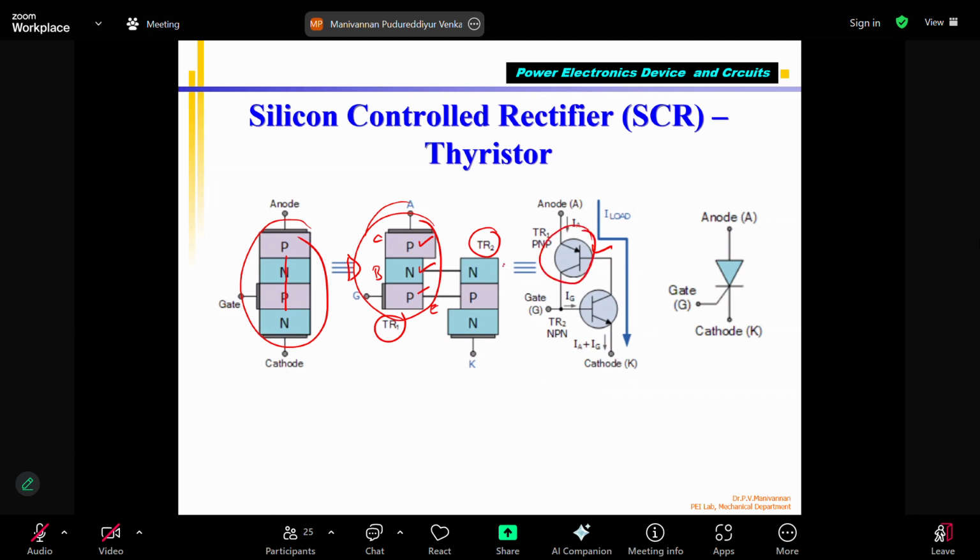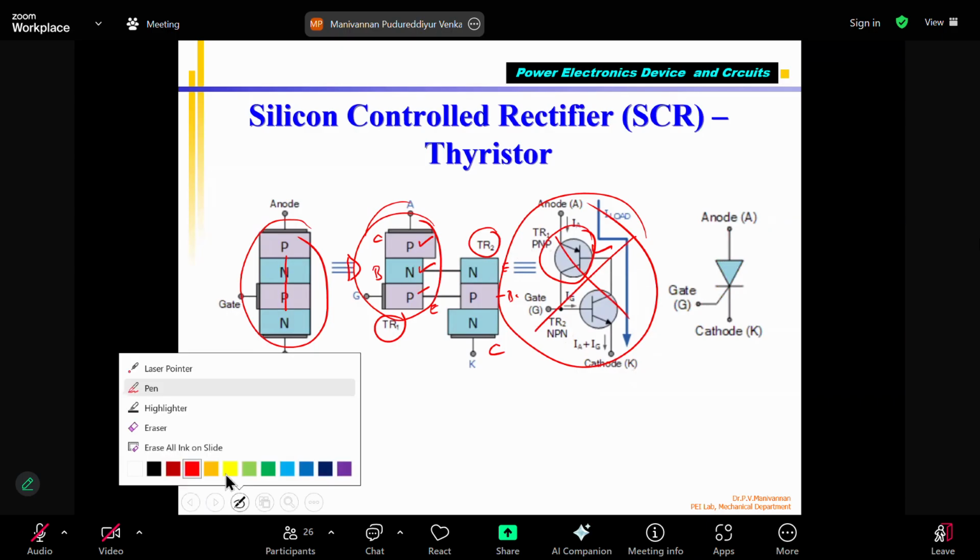This I can call an emitter. This is a base. Please, everything this is not SCR. Take 2. I cannot say this is a SCR. It is a 4-layer device. That's how it works.